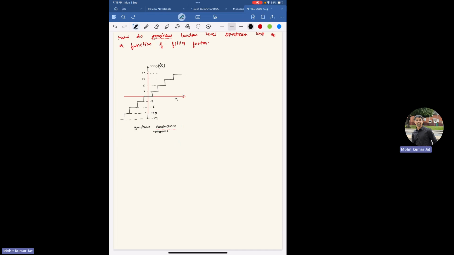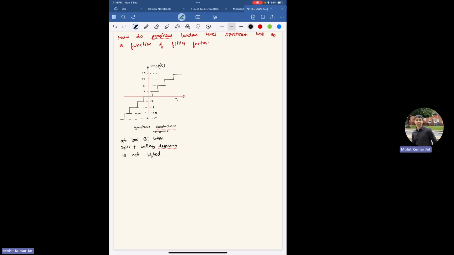This is the graphene conductance response at low magnetic field, low B, when spin and valley degeneracy are not lifted. That's why you see the filling factor nu differs by 4. Between -2 and 2 there is a difference of 4. Between 2 and 6 there is a difference of 4. Between 10 and 6 there is a difference of 4. Not lifted.